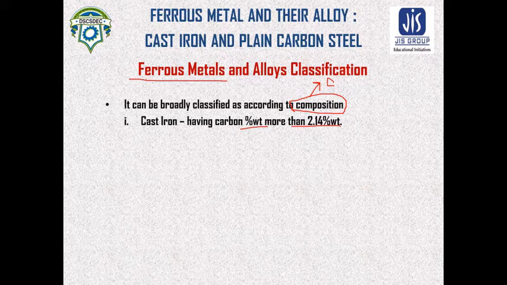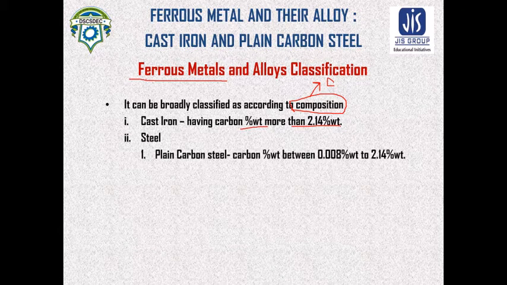We will discuss this cast iron in detail in a later section in this lecture. Now there is steel, and steel can be divided into plain carbon steel, where the carbon percentage varies from 0.008% of weight to 2.14% of weight, and there is alloy steel.